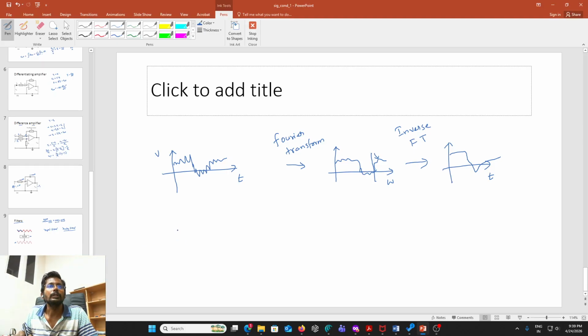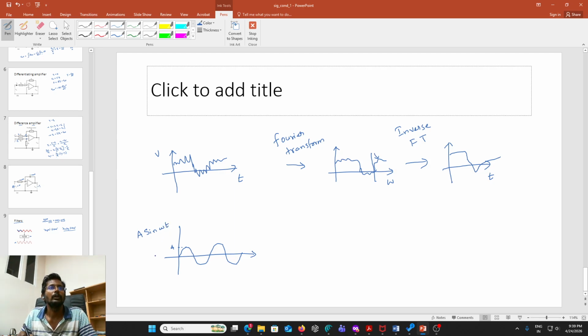So let's say you have a signal. The signal is sinusoidal with some amplitude, let's say capital A. So basically the signal is A sine omega t.